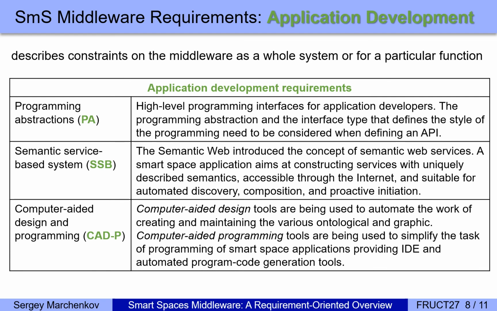A smart space application also aims at constructing services with uniquely described semantics, accessible through the internet, and suitable for automated discovery, composition, and proactive initiation. Moreover, Smart Spaces middleware should provide application development approaches with heavy developer involvement and extensive use of tools of computer-aided design and computer-aided programming that support application prototyping.